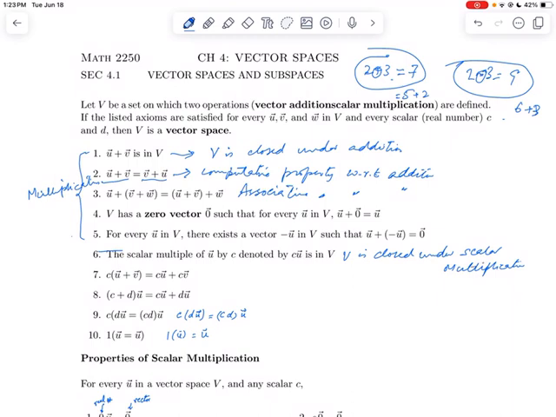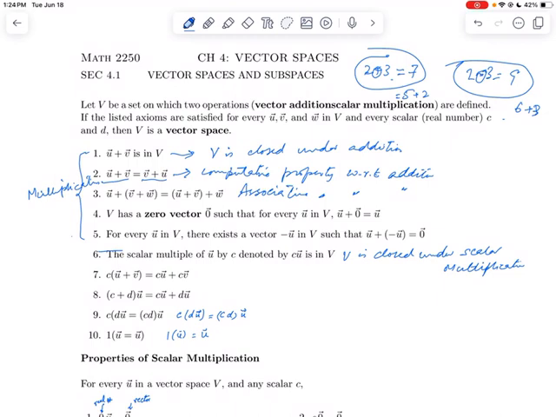If you multiply a vector by any number, the resultant vector must be in the set. Properties 7 and 8 are distributive properties.